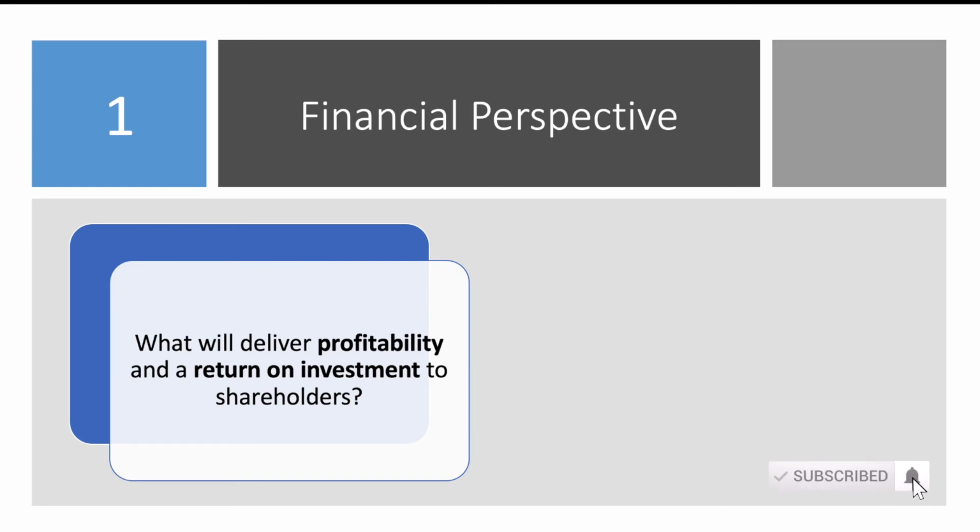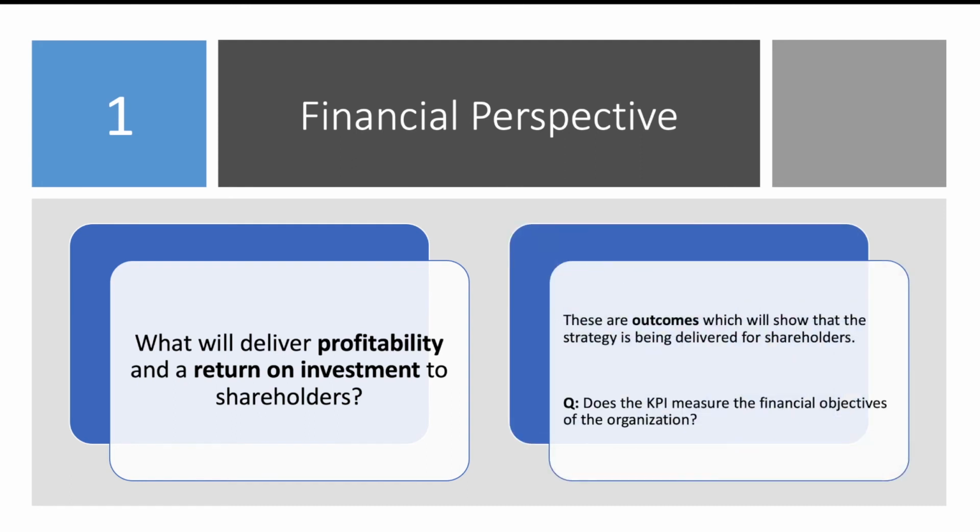It doesn't talk about any other component, because shareholders are concerned for their value, for their wealth. Now, these are outcomes which will show that the strategy is being delivered for shareholders. Whatever the outcome, whatever the profitability is, the shareholder will definitely be saying something.